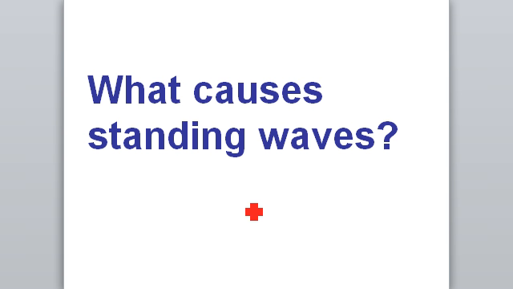So there's an end where somebody's causing waves, there's another end, and the wave that the person causes bounces back and forth from one end to the other, and the waves are interfering with each other.